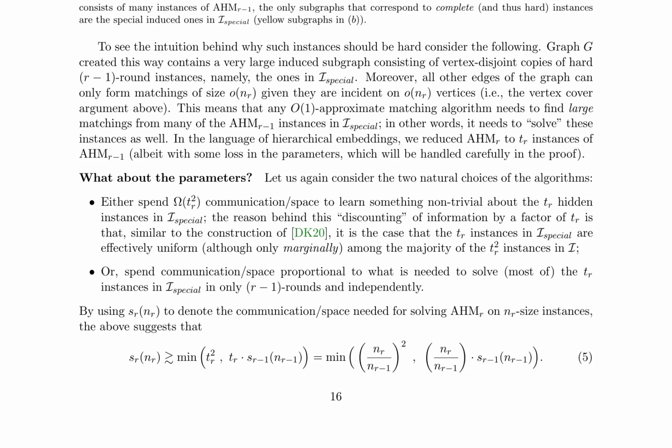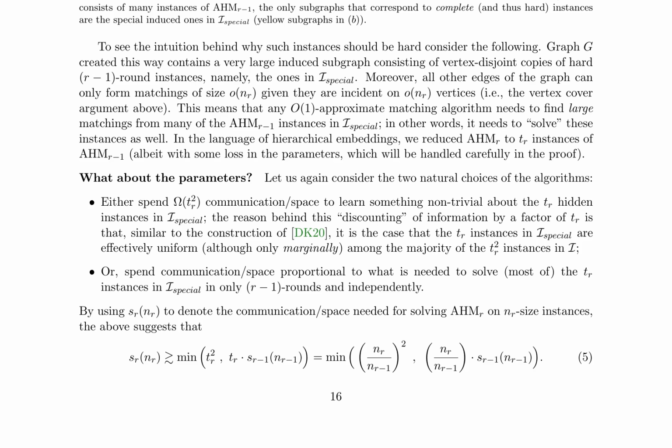This means that the algorithm needs to either spend Ω(t² r) communication space to learn something non-trivial about the hidden instances in I_special, or spend communication space proportional to what is needed to solve most of the instances in I_special in only R-1 rounds and independently.